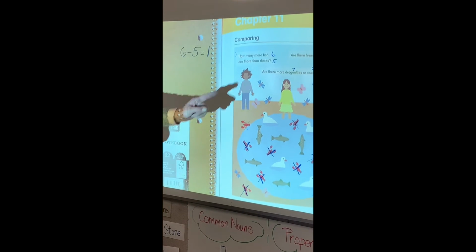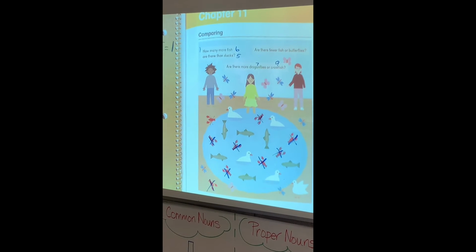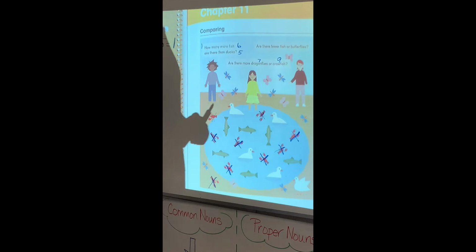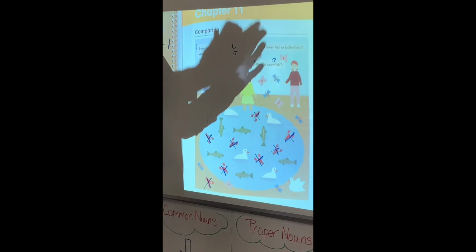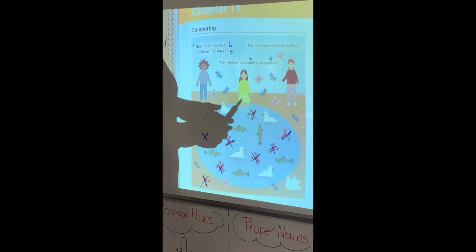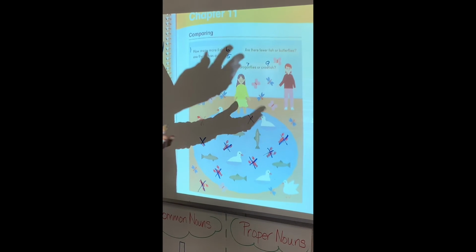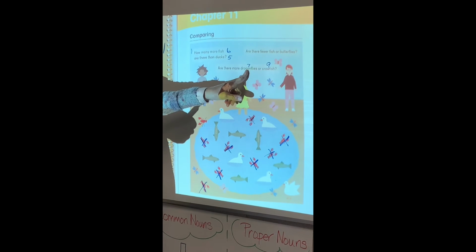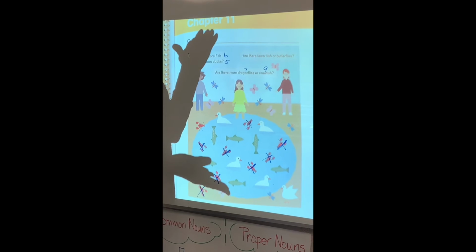What about dragonflies and crawfish? Are there more dragonflies or crawfish? When we ask, are there more of something, that means the bigger number, doesn't it? It means the larger sum of the 2 items that we're comparing. So if we have 7 dragonflies and 9 crawfish, which one is the larger number?